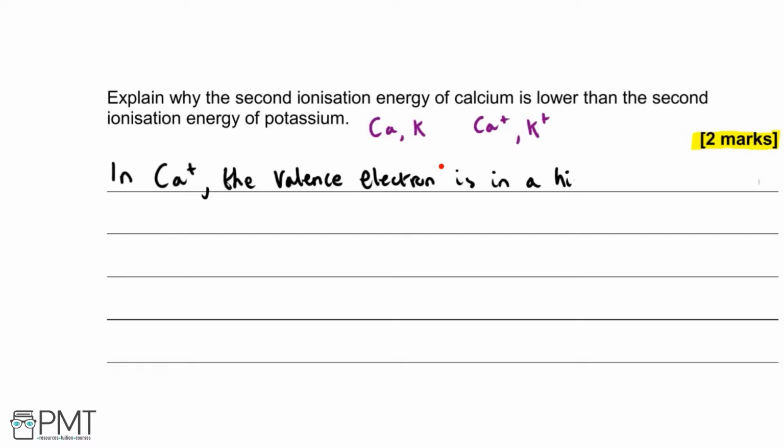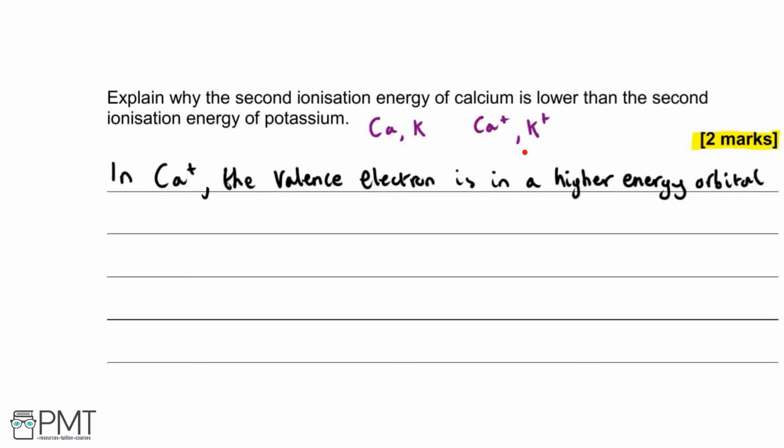And this is because our calcium, when it's an atom, has 2 electrons in its 4s orbital, whereas in our potassium, when it's an atom, it only has 1 electron, which means once it's been ionized once, the calcium ion still has 1 electron in its 4s orbital, whereas the potassium ion no longer has any electrons in its 4s orbital.